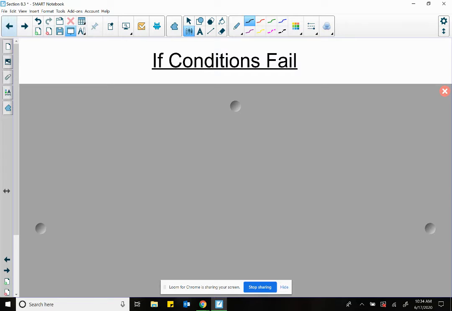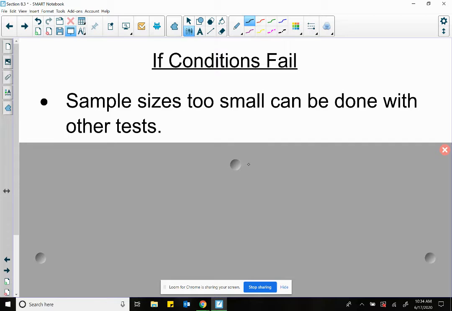So when checking CLT, there are some things about if conditions fail that I want to touch base with you on. In the CLT, if your sample size is too small, it means that it can't be a one proportion z statistic, obviously, because it's not a normal distribution.